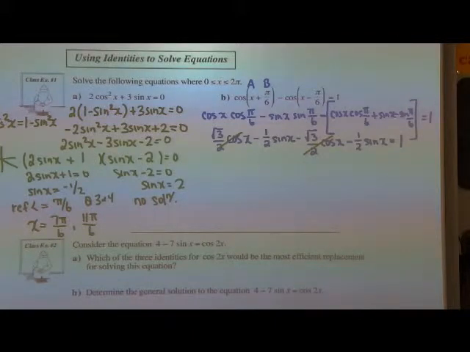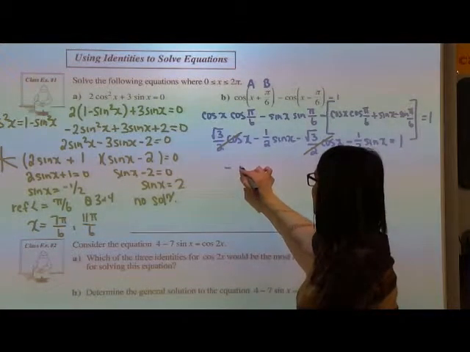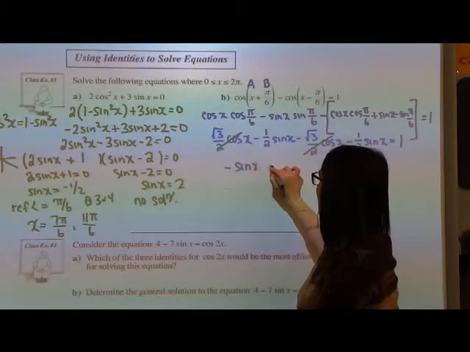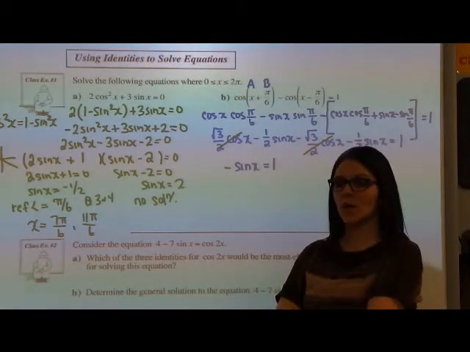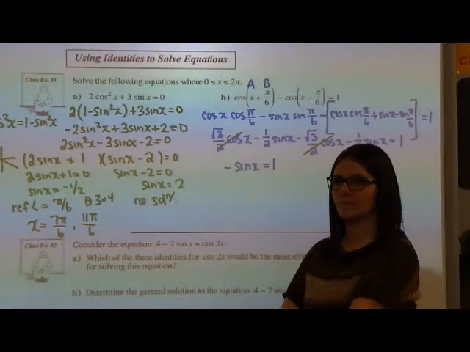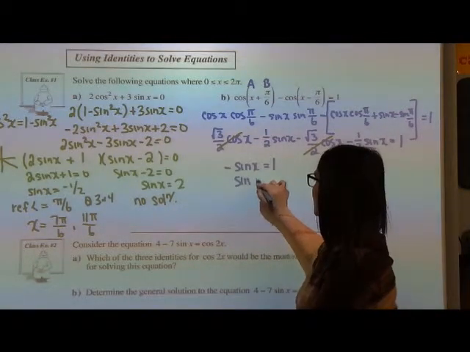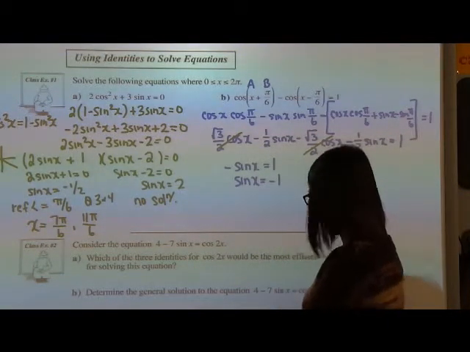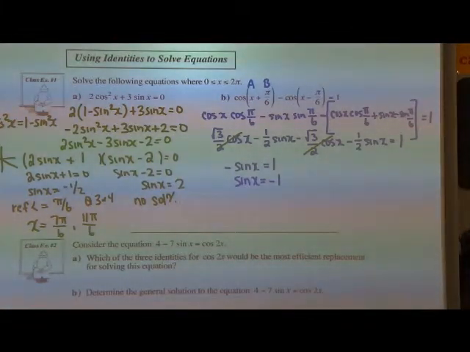So in other words, a negative 1/2 plus a negative 1/2. Negative 1. So I get negative sin x equals 1. So what does positive sin x equal? Okay, now I want you to finish it and find out what the solution would be.